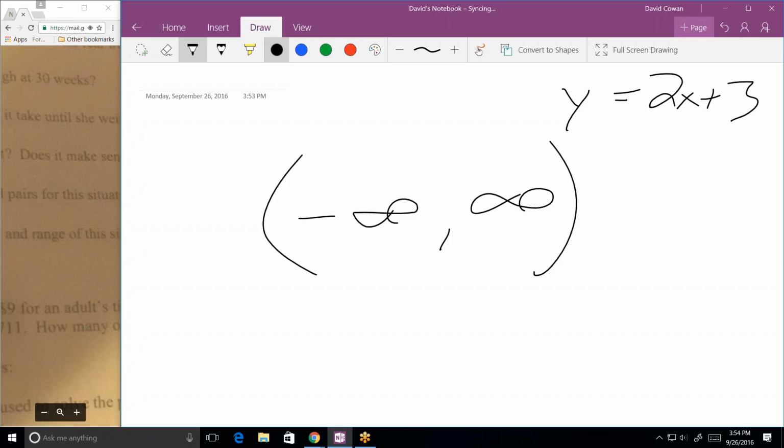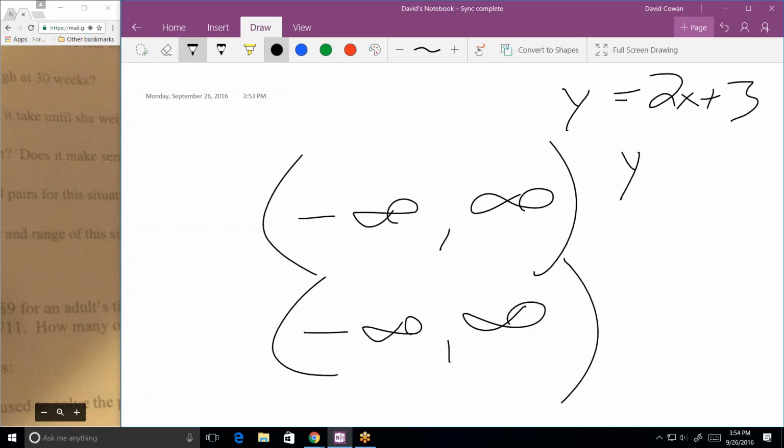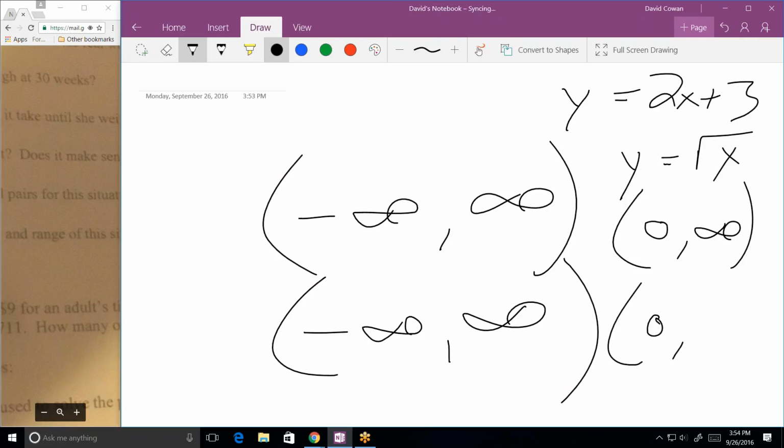Same way with y. The range would also be minus infinity to positive infinity. But that's a little different. If I give you the function y equals square root of x, now the domain is 0 to infinity, and the range is 0 to infinity. In other words, x can never be negative, and y can never be negative.